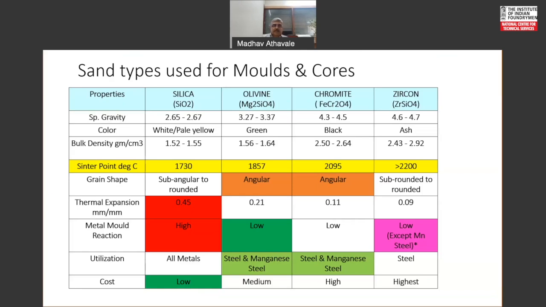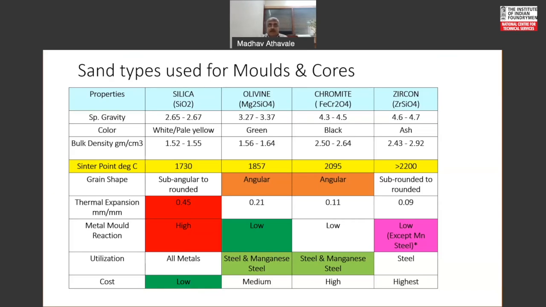As regards thermal expansion, silica, because of the crystallographic transformation from quartz to tridymite to cristobalite, expands the highest, while olivine is relatively less, chromite lesser than that, and zircon has the least.